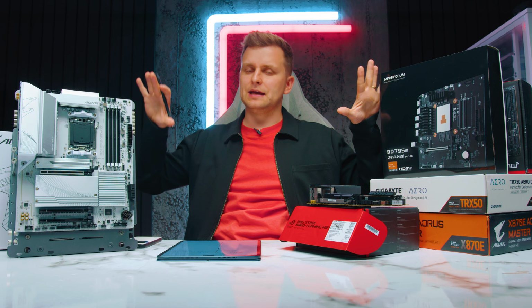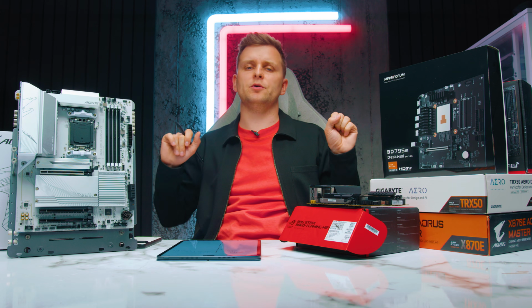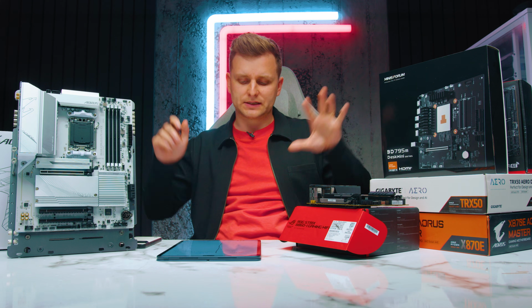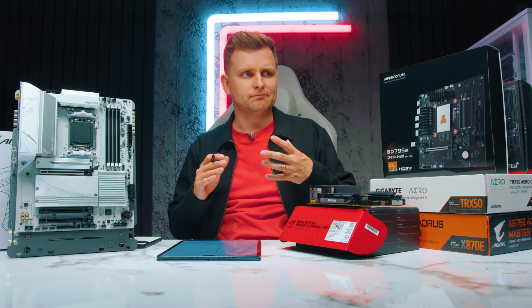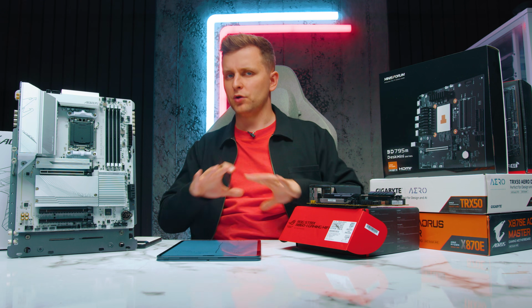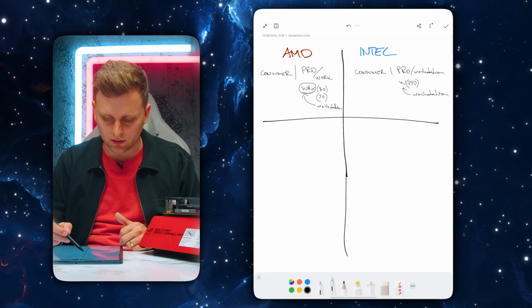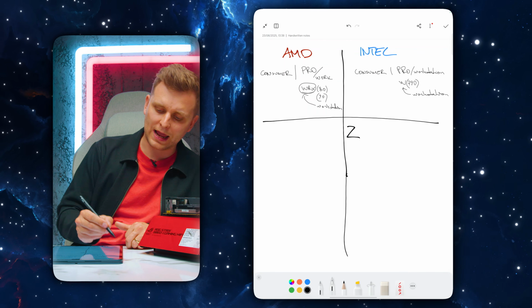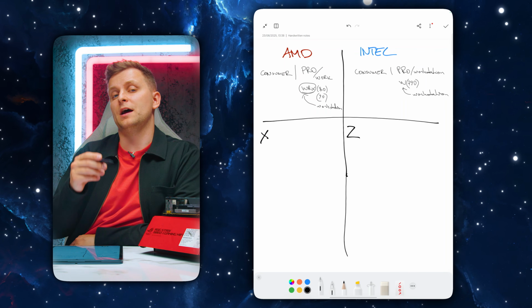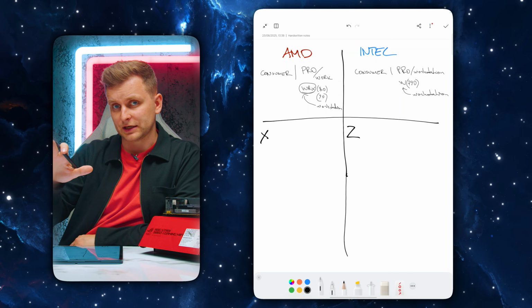But now for AMD and Intel, most of the motherboards sold are prosumer motherboards, and we're talking about high-end, mid-tier, and then low-end motherboards. The high-end on Intel is called Z, and on AMD it's called X. Now there might be different numbers attached next to it.